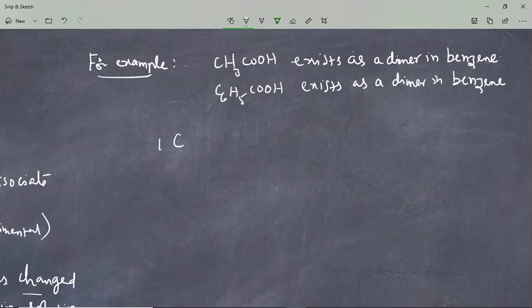For example, I'll write one molecule of acetic acid like this, CH3, C double bond OH. The second acetic acid molecule will be shown using dotted lines for hydrogen bonds, in this way. What we observe in this diagram is that dimerization takes place due to hydrogen bonding, so the dotted lines indicate hydrogen bonding.